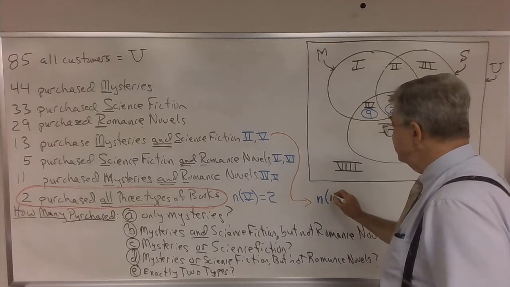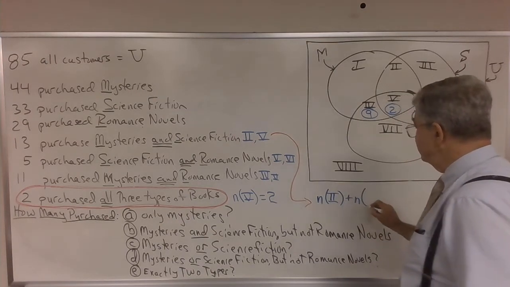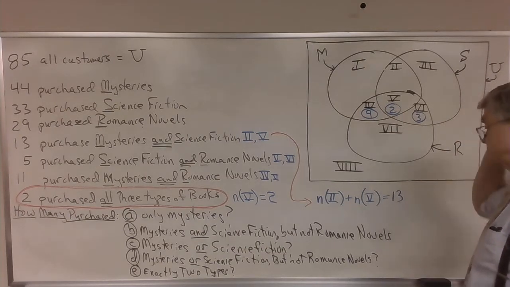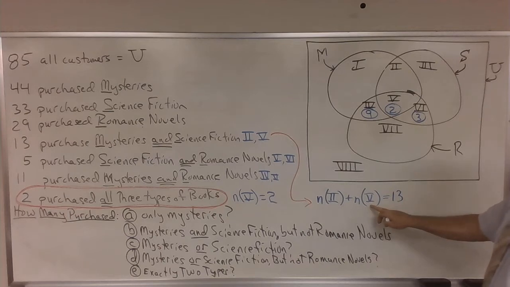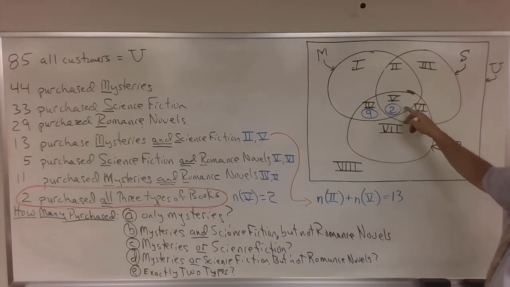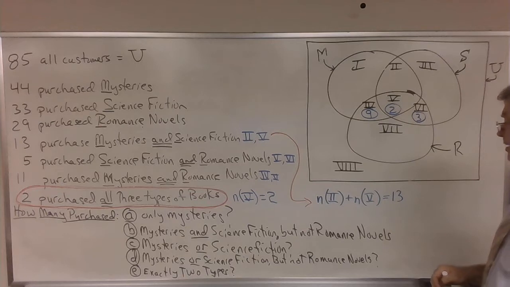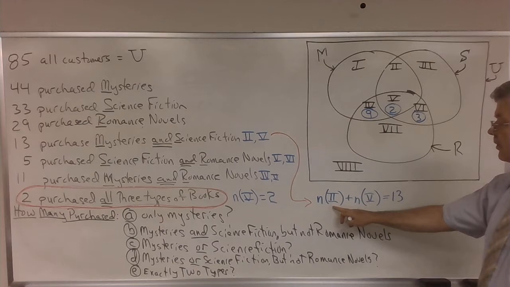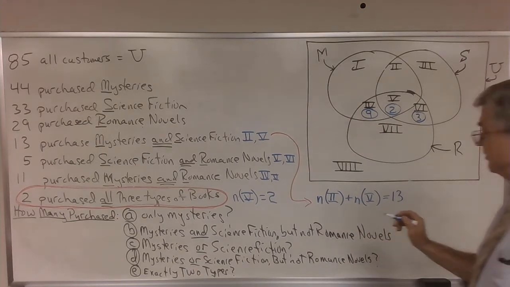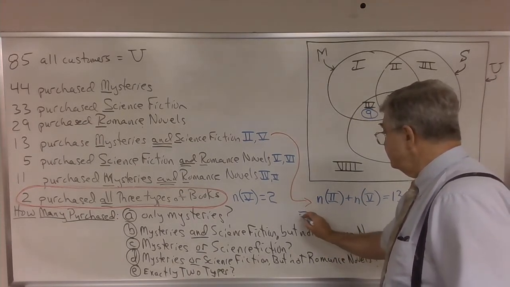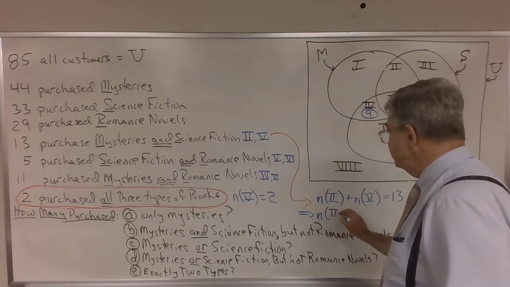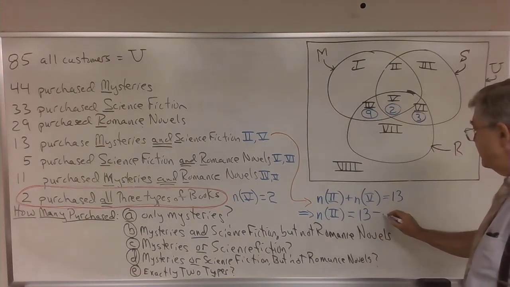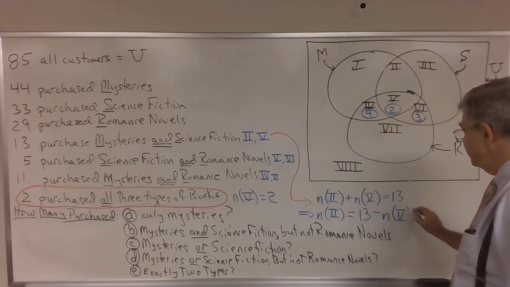Number of people in region 2 plus number of people in region 5 equals 13. And we know how many people are in region 5, don't we? 2 people. So let's move this to the other side and solve for what we don't know, the number of people in region 2. So we have number of people in region 2 is equal to 13 minus the number of people in region 5.